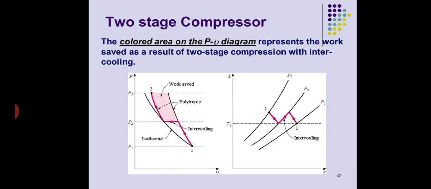This is shown here on the PV and TS plots. During intercooling, the process lies on the constant pressure line, and the colored area on the PV diagram represents the work saved as a result of the two-stage compressor with intercooling. So this is the main advantage, the area we find for the saving of work for the different processes.